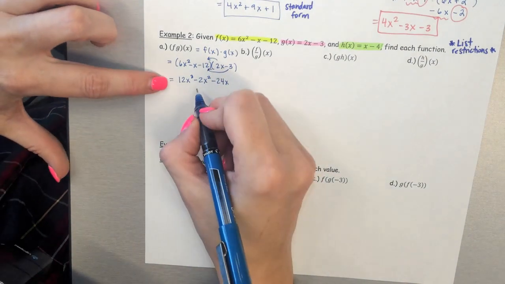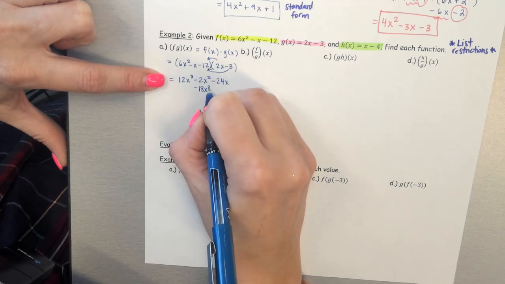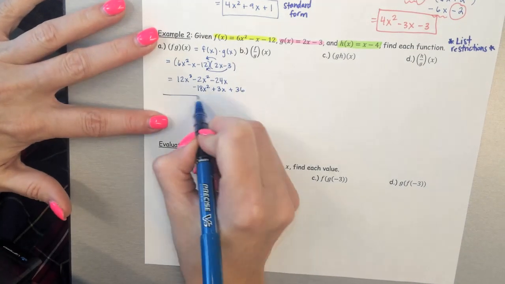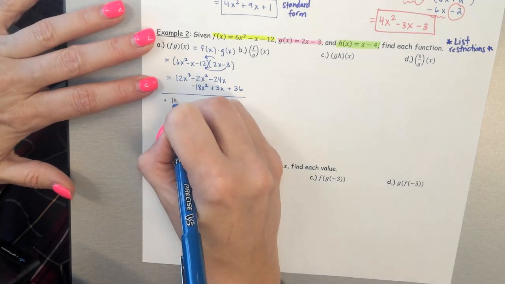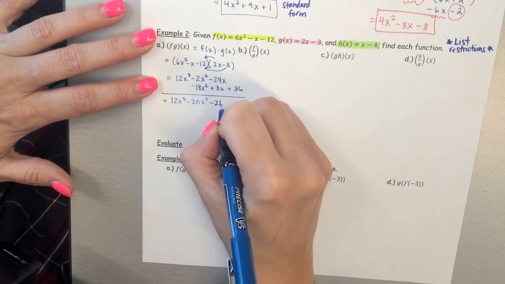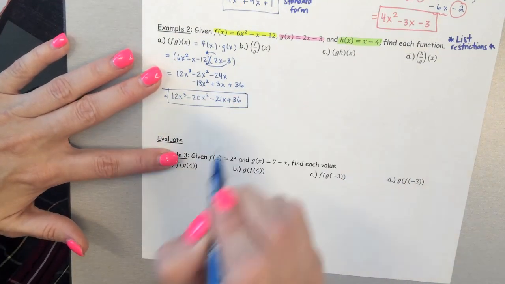Okay, can you tell me what you got for that row? I got negative 8x squared plus 3x plus 36. Good. All right, so then this is going to be your final answer.